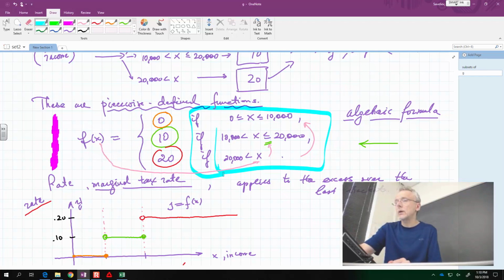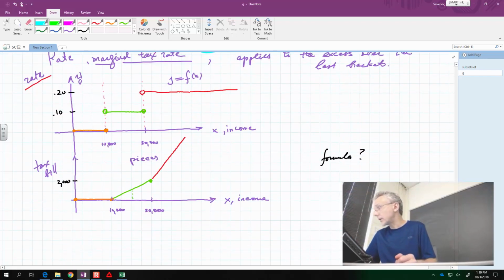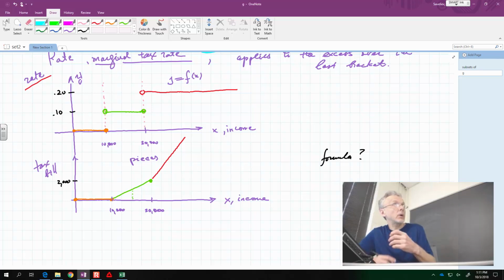Every function in that list will be a linear function, and they're linked up into one curve, which is important, so that there are no gaps.